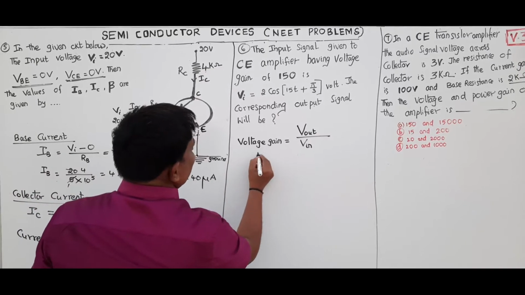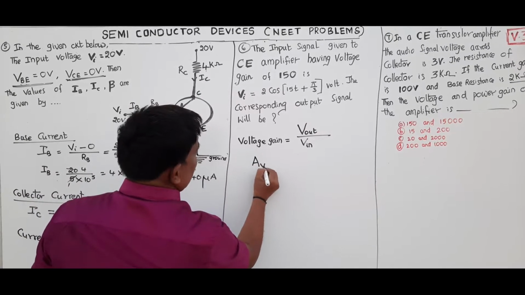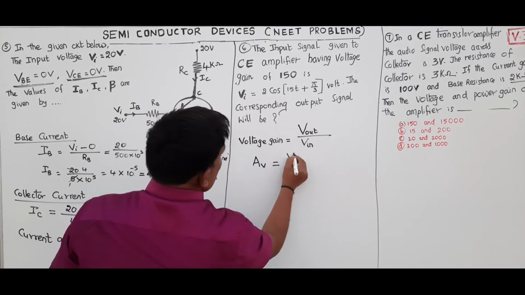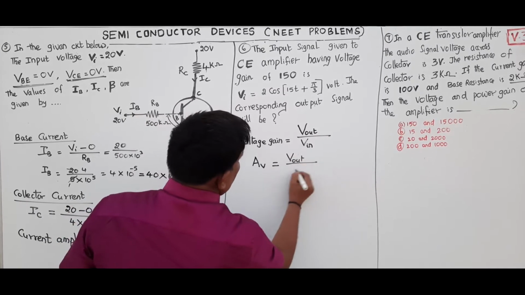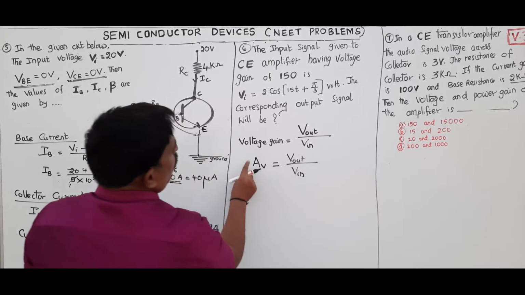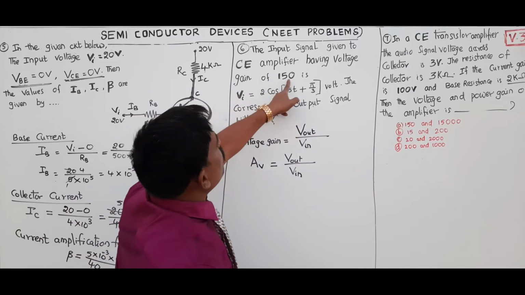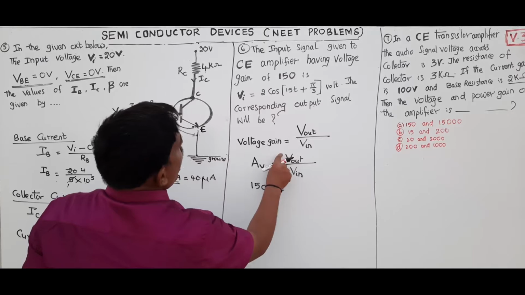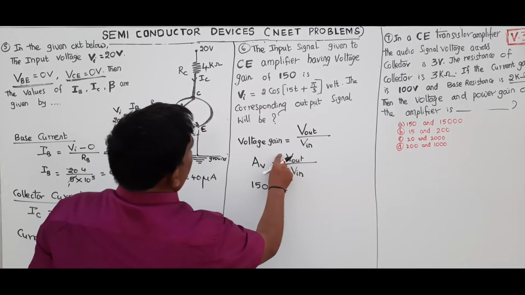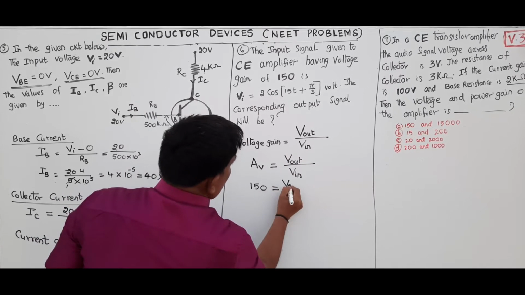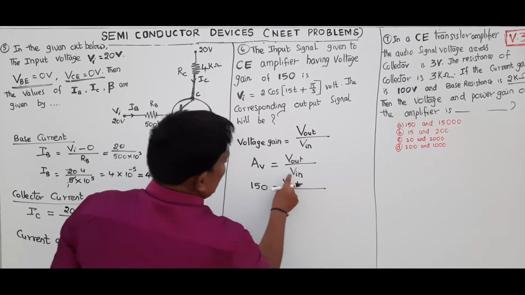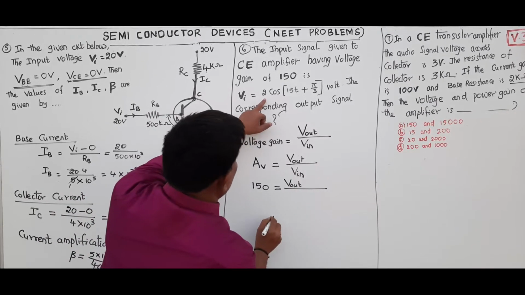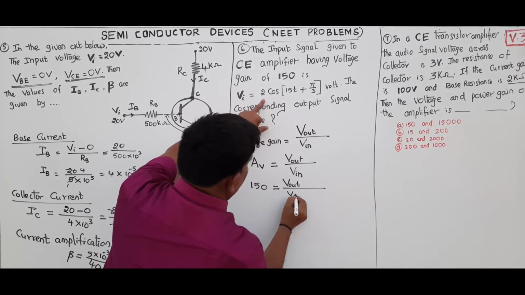Voltage gain is represented by A suffix V. It is output voltage by input voltage. Voltage gain is given as 150. Output voltage I don't know, but input voltage is given as VI.